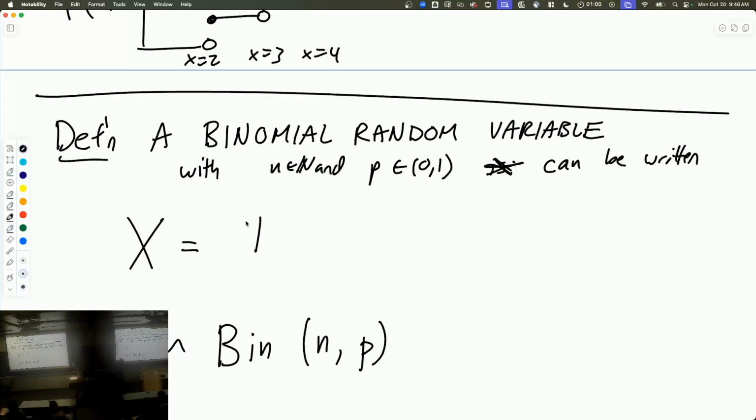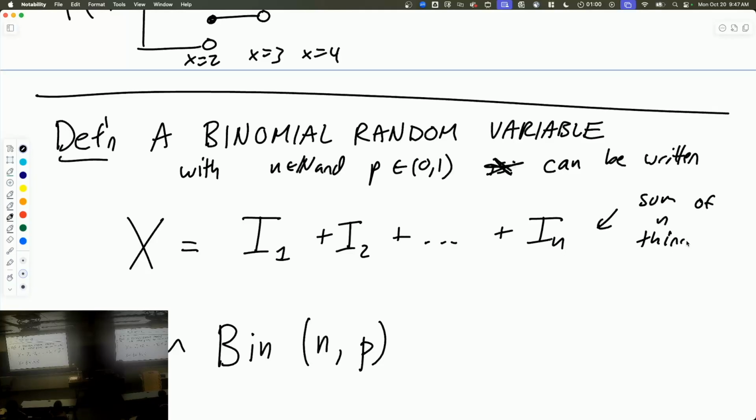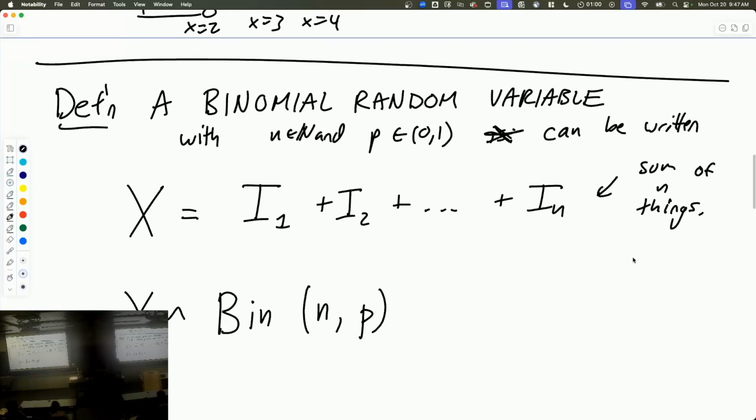And I'm going to write the things with an I. I1 plus I2 plus ... plus In. So it is a sum of n things. And the n things, they can be whatever you want. This is the magic of the binomial. In real-life experiments, you figure out what the n things are. For the monkey, it could have been the number of s's. So let's do some examples.